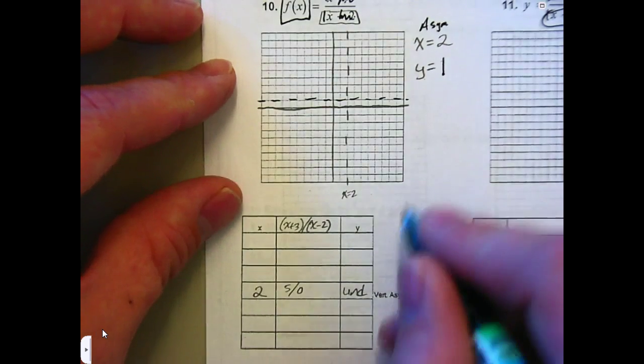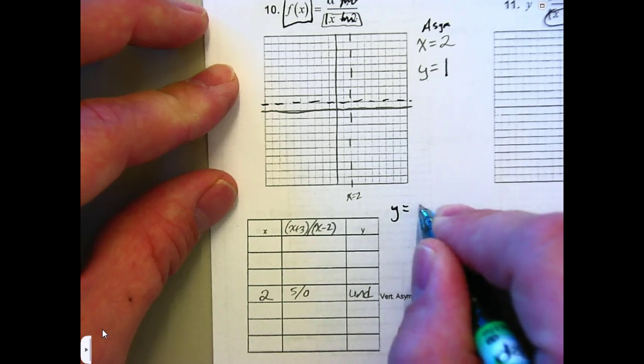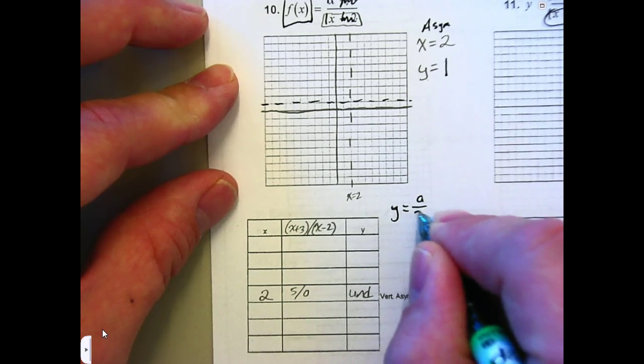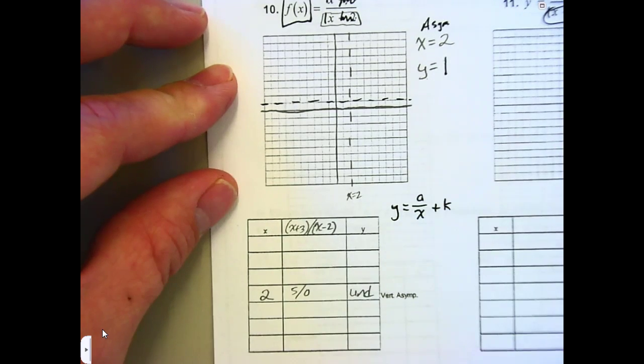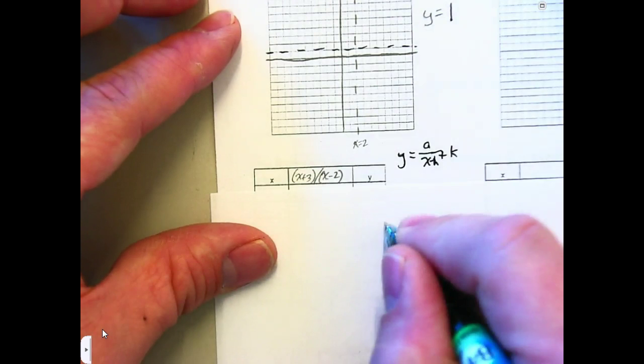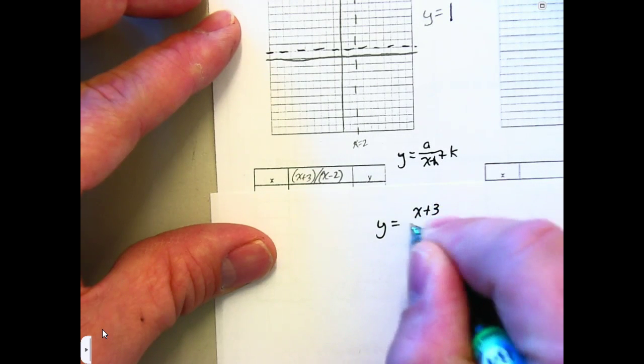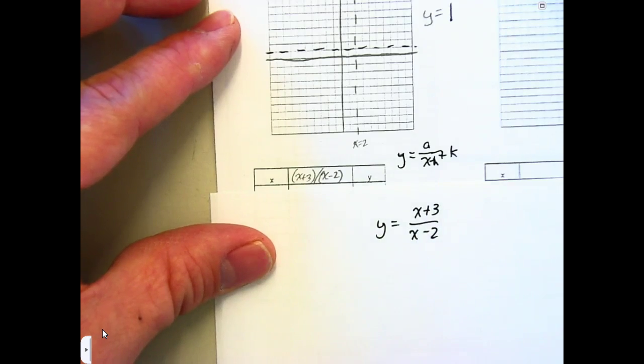We only had one. So here, if we wanted to go to the format a over x minus h plus k, really what you need to do is use that handy skill of polynomial long division.